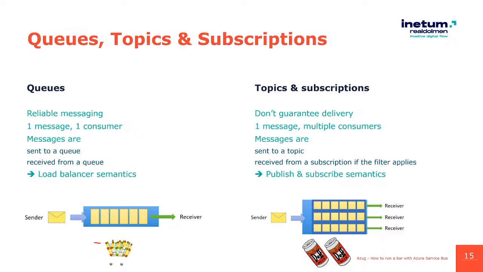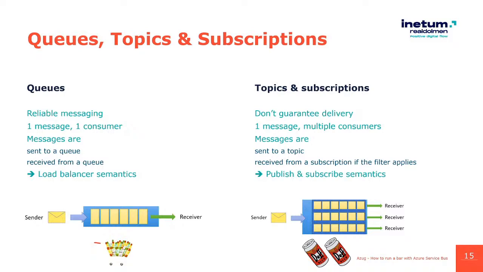On the other hand, you have the topics and subscriptions, and the big difference between this and the queue is that you don't actually guarantee the delivery. You just send a message. It's some kind of event, but if nobody's listening, then nobody is receiving the message. This also means that one message can be duplicated over multiple consumers. How does this work?